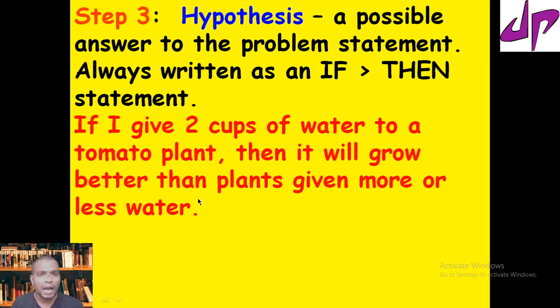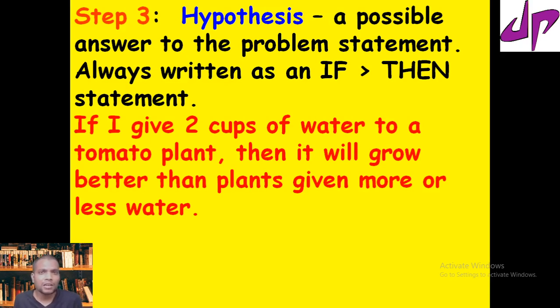See the hypothesis here. It always starts with either if or then. If I give 2 cups of water to a tomato plant, it's only 2 cups per day. That is one of my scientific studies. I need to observe if the tomato plant will grow better than the plants given more or less water. So this is the hypothesis.